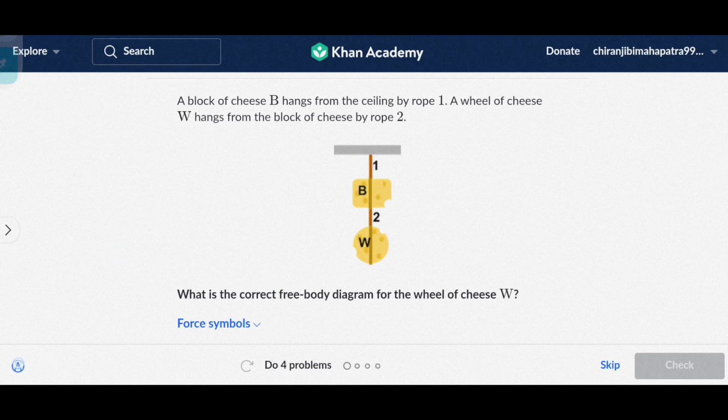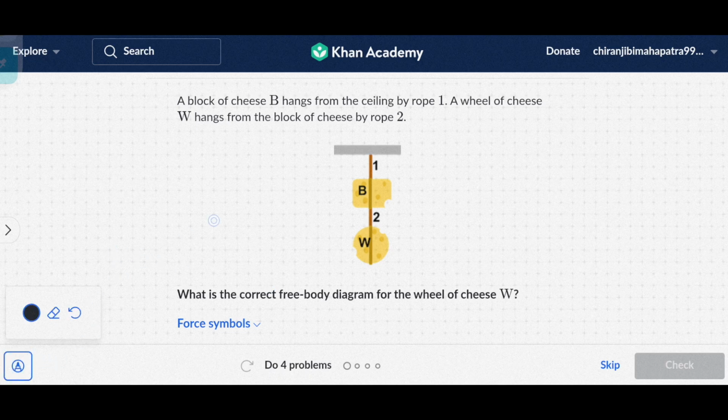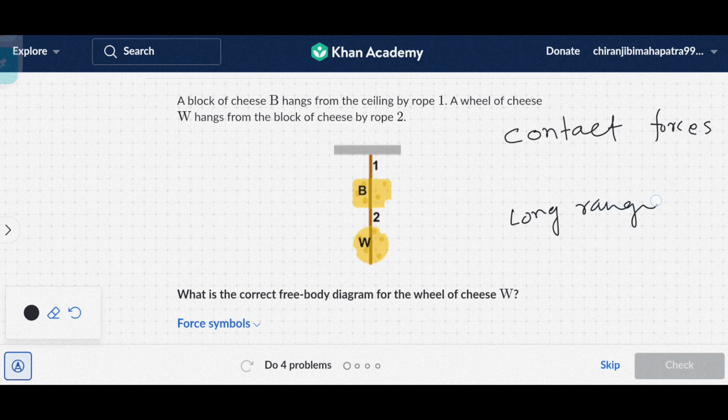There are different types of force actually. Mainly two types: contact forces and long range forces. What are contact forces? Tension, normal force, and friction.